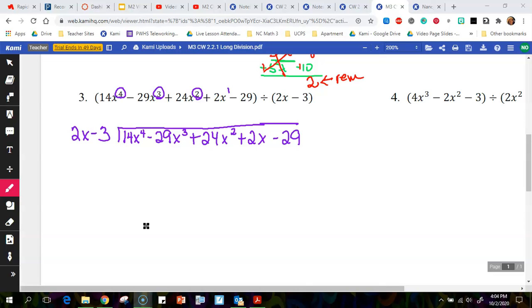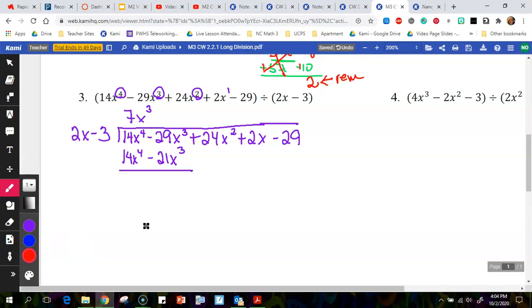Okay, 14x to the 4th divided by 2x. That is 7x cubed. All right, 7x cubed times 2x, 14x to the 4th. 7x cubed times negative 3, minus 21x cubed. That changes to positive. That cancels.